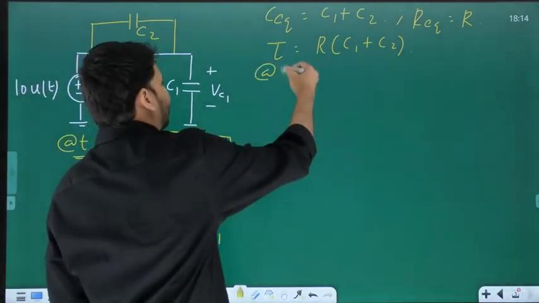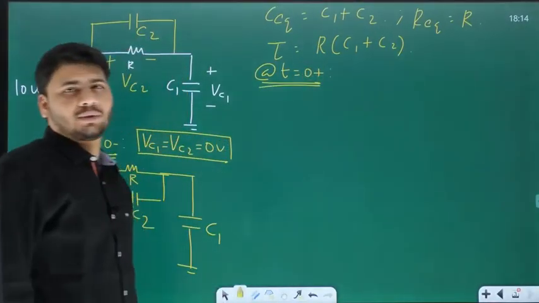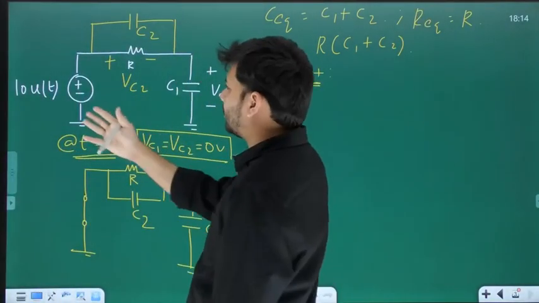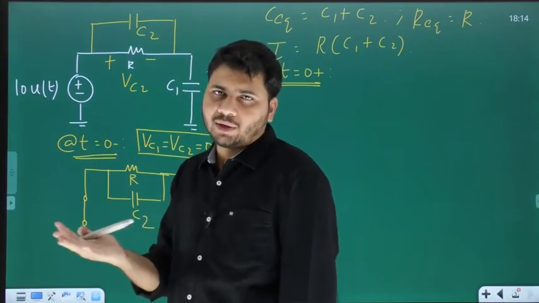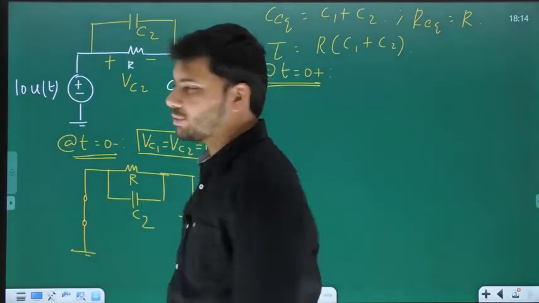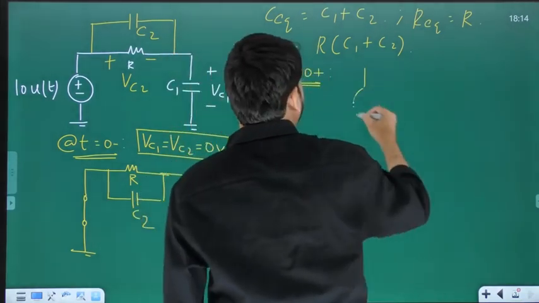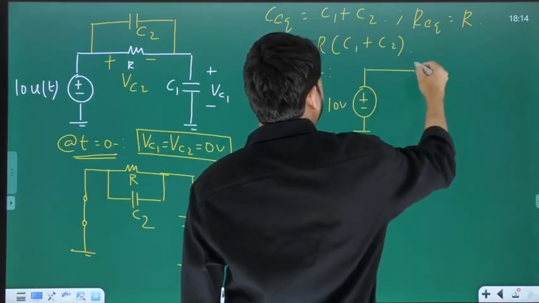Now, let me draw the circuit at t equal to 0 plus. First of all, at t equal to 0 plus, what is the value of the input source? 10 times u of t just after t equal to 0, that is at t equal to 0 plus. Will it not be 10 volts? Yes. First, let me draw this 10 volt source.